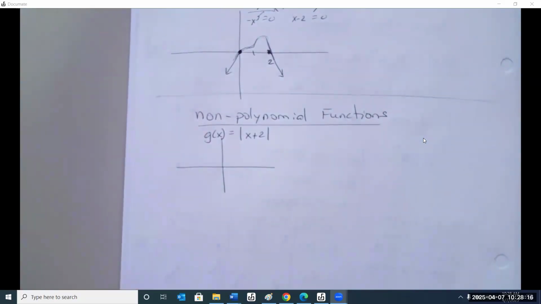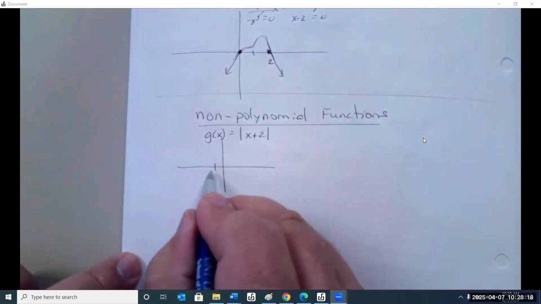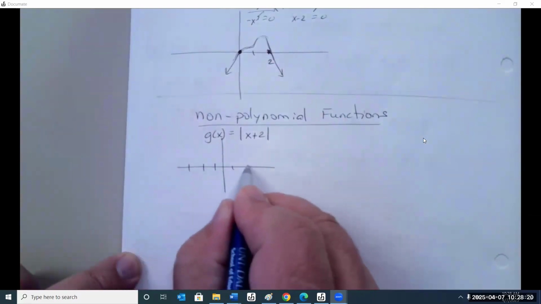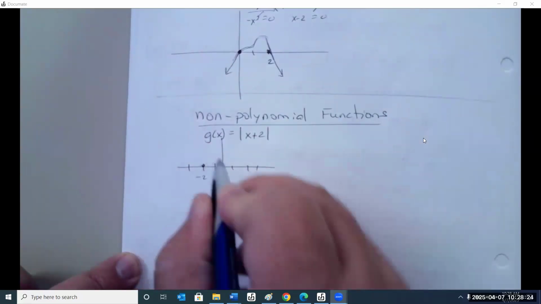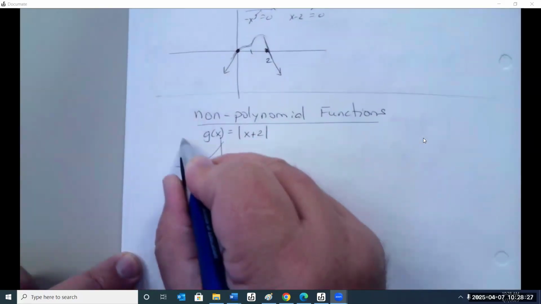Absolute value of x plus 2. So what that tells me is it's a horizontal shift 2 to the left, and it's an absolute value.